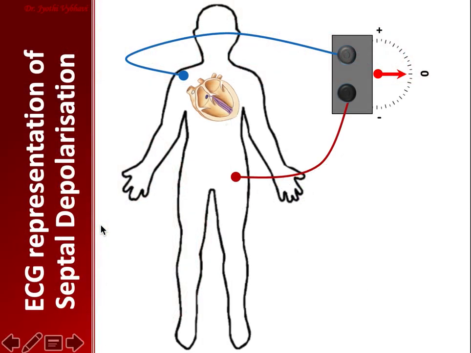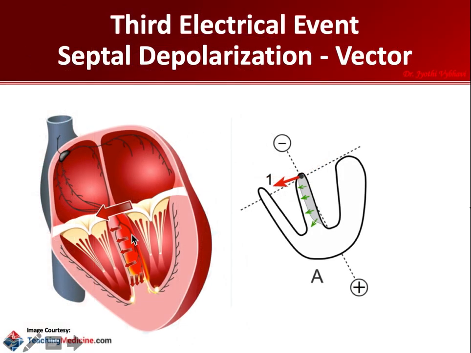So it is a depolarization wave. The third event is septal depolarization. You remember this vector is facing leftwards and upwards. Here is your negative electrode. When a depolarization wave goes towards the negative electrode, what do you get?